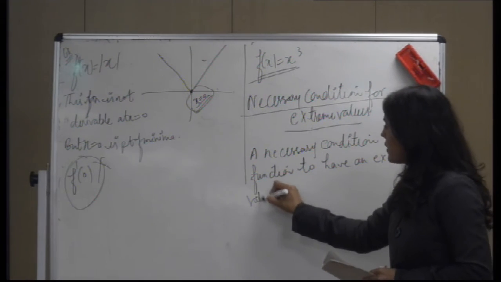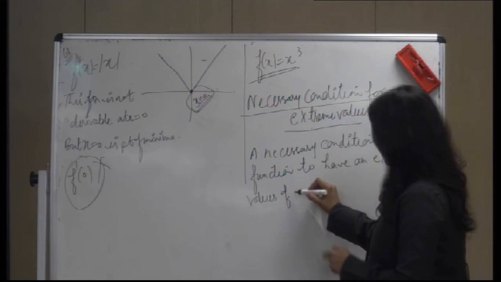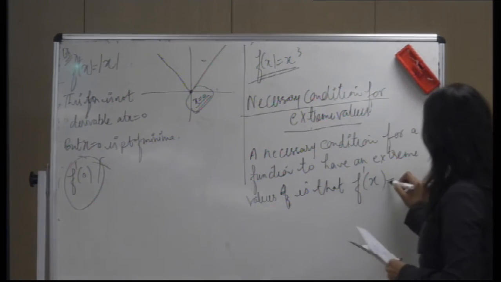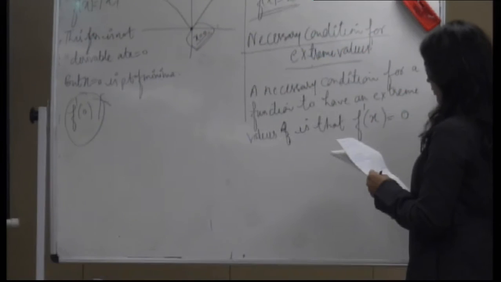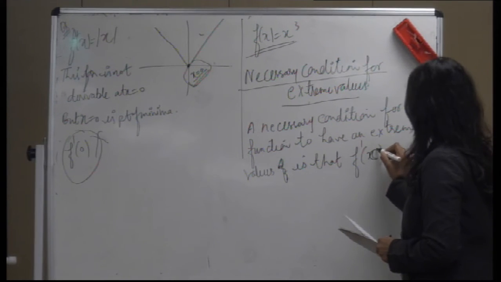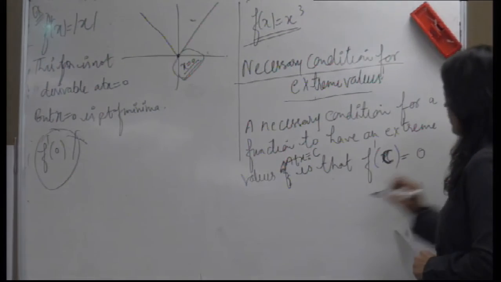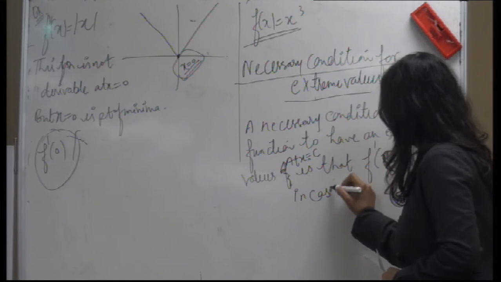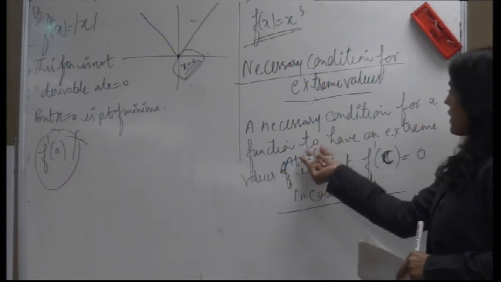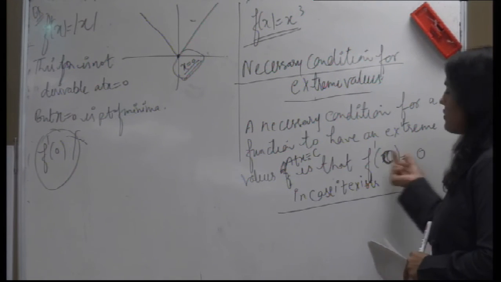Extreme values are basically maximum value or minimum value. The necessary condition for a function to have an extreme value at x equal to c is that f dash c is equal to 0.